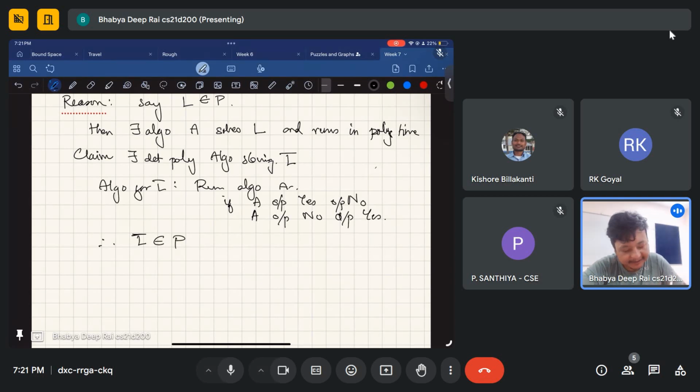Since L bar is in P, it means that L bar is in NP also, because P is contained in NP. And since L bar is in NP, what is L? L is in coNP. Which means that if L is in P, then L is also in coNP. So now our picture becomes like this.